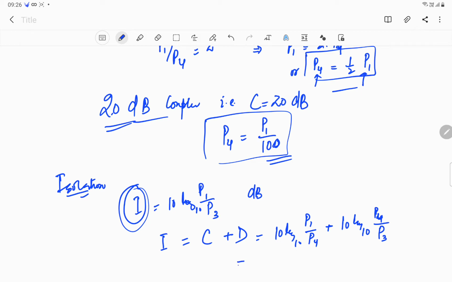So I can write it as 10 common, 10 times log P1 upon P4 plus log P4 upon P3.